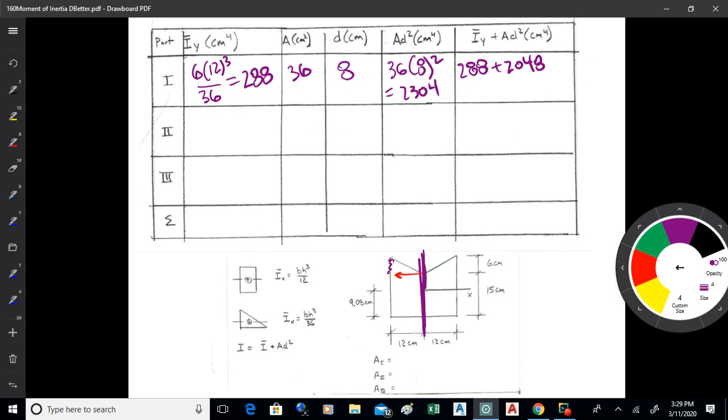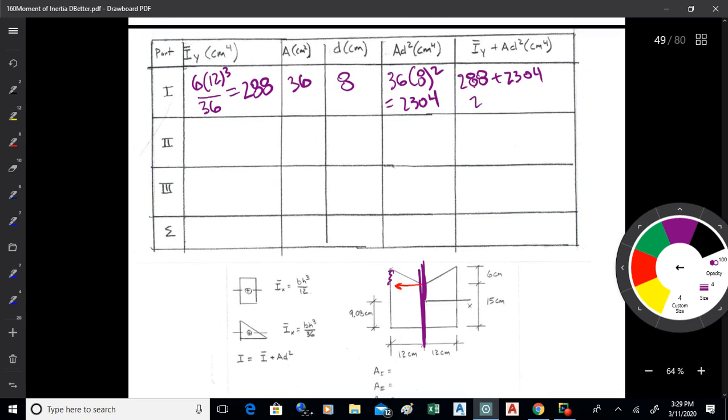So that's 2304. Then we'll add the 288 to it. And we'll get 2592 for the total. So if you just are looking at the moment of inertia of that triangle about the y-axis there, it's 2592. And the units on that are centimeters to the 4.